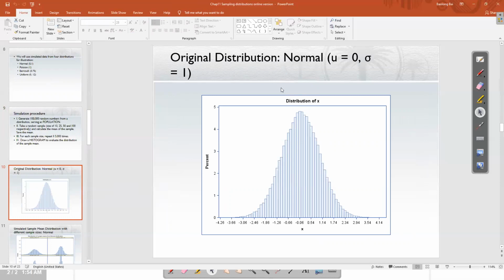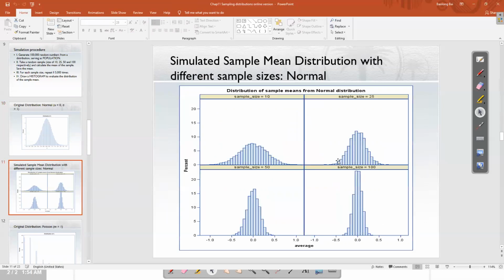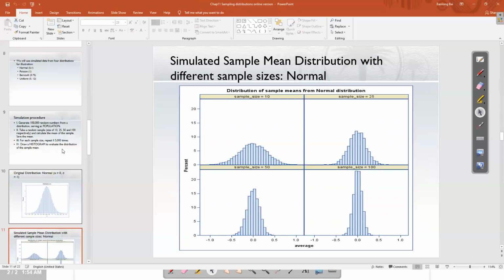All right, so then we're going to look at the results. We're going to start with a normal distribution, 0, 1, Z distribution. So the center is 0, that's the population mean, the standard deviation equals 1, right? So this is a population distribution. This is a symmetric bell-shaped curve. And then if we choose sample size of 10, 25, 50, and 100, keep in mind, these 4 distributions are sample distributions of X bar.